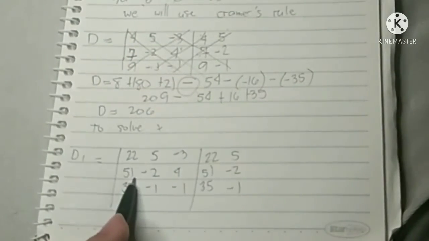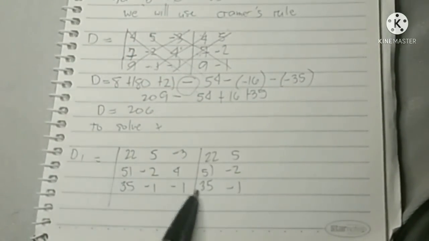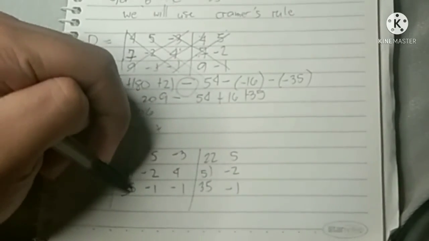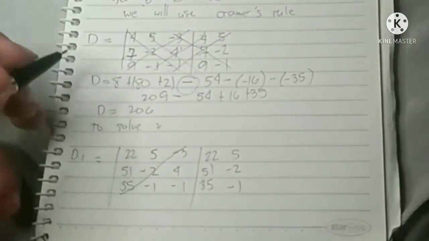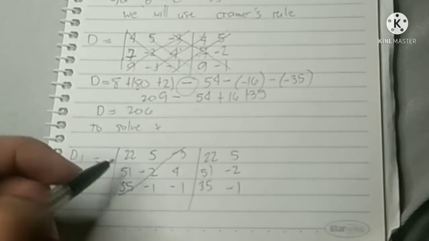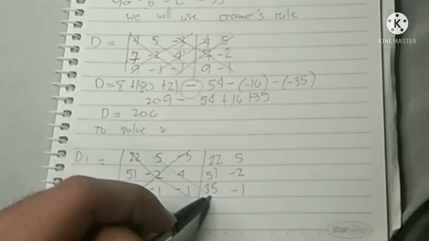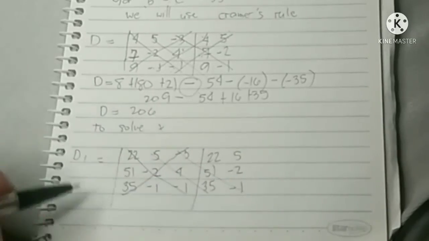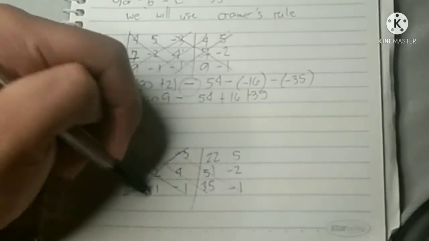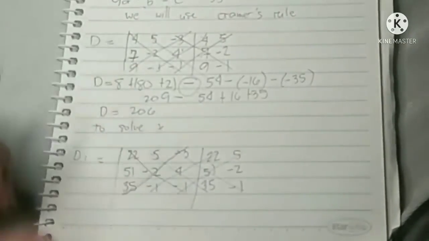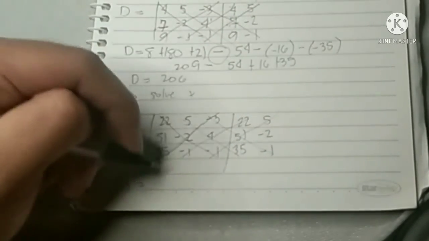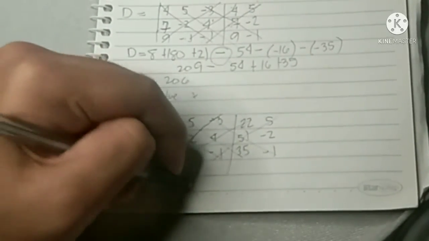Then after that, just copy the first row and the second row, which is 22, 51, 35, and 5, negative 2, negative 1. Now we can start to multiply our 22, negative 2, and 1, 5, 4, and 35, and negative 3, 51, and negative 1. And now we subtract. So 35 times negative 2 times negative 3, and negative 1, 4, and 22, and negative 1, 51, and 5. And just solve them like what we did to solve for our D. Then our D1 is going to be 1030.